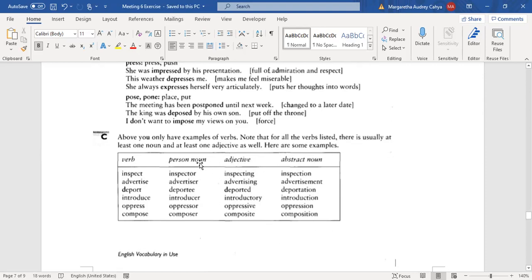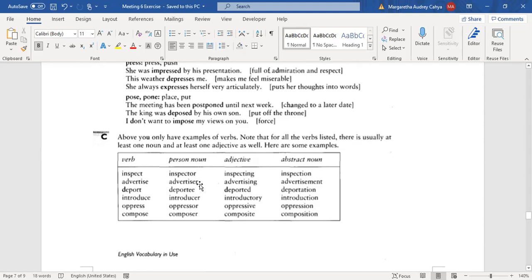So if you want to change it into person noun, noun yang menyatakan tentang orang ya. Usually it's about job, like inspector. Inspect is like meneliti ya. Inspector itu orang yang meneliti.